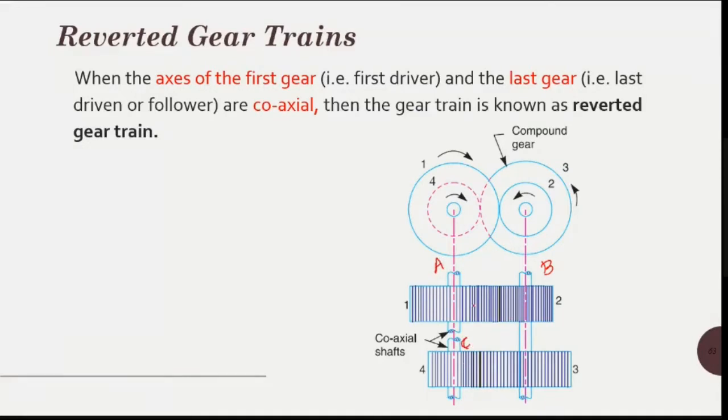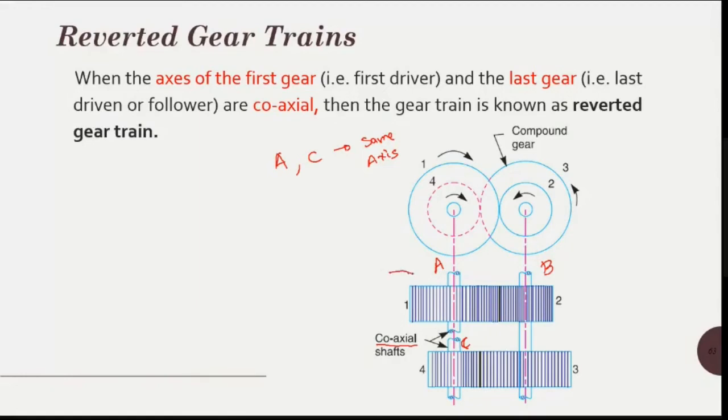Even though you have 3 shafts, shaft A and shaft C are both in the same axis, coaxial. If it is like that, then I can say that it is a reverted gear train.